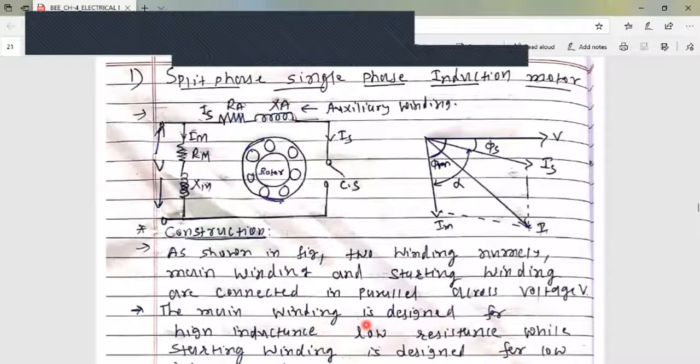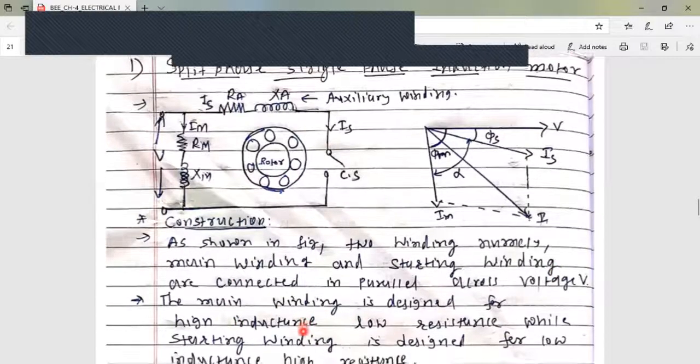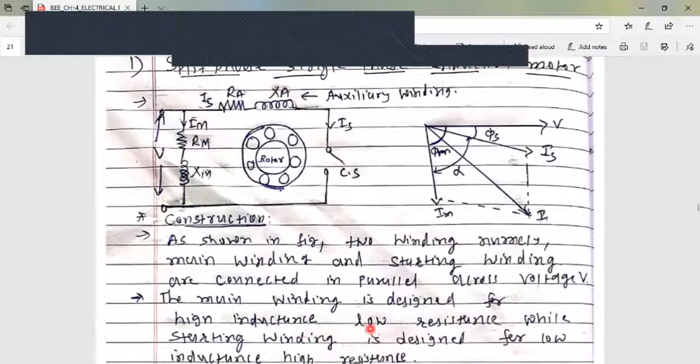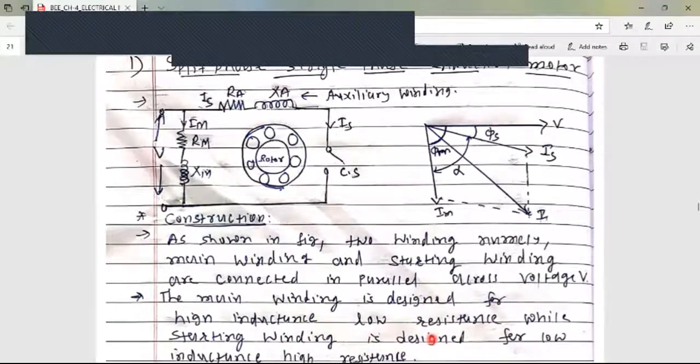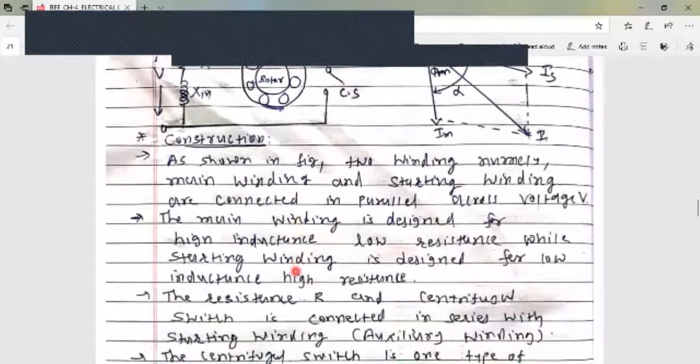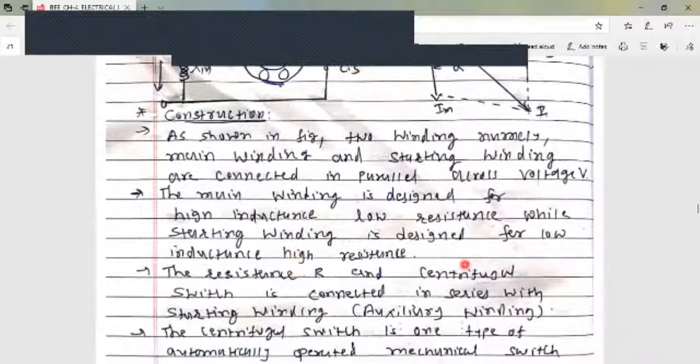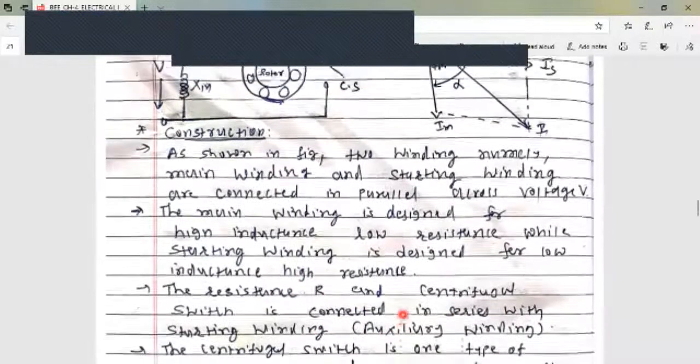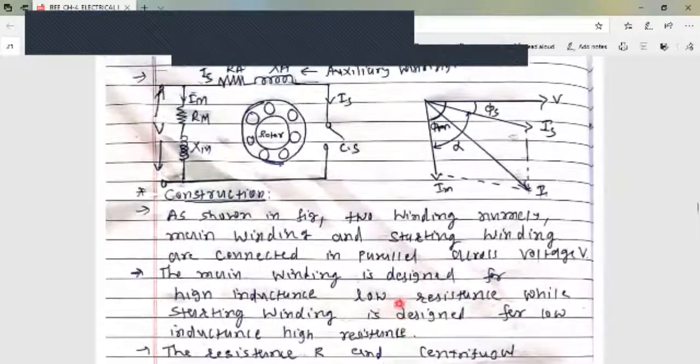Main winding is designed for high inductance, low resistance, while starting winding is designed for low inductance, high resistance. See here, this is the centrifugal switch. This switch is connected in series with the starting winding, the auxiliary winding, as seen in the figure.